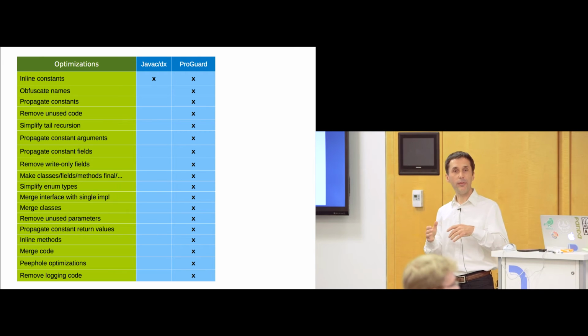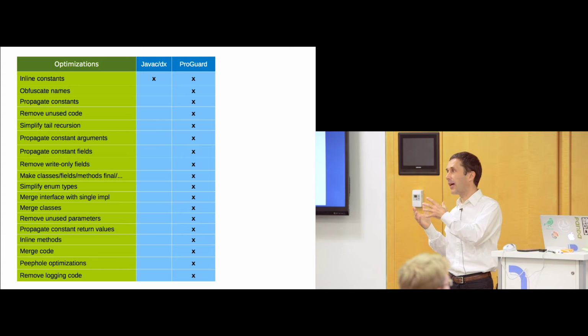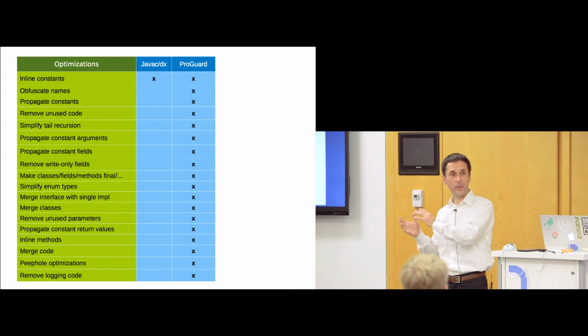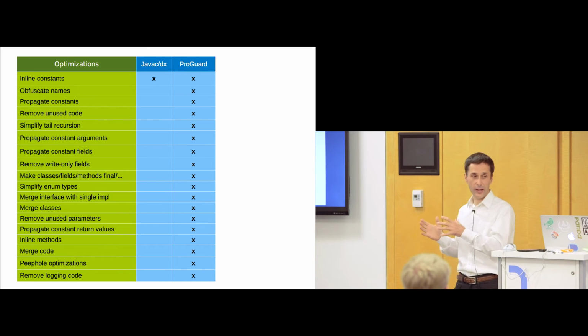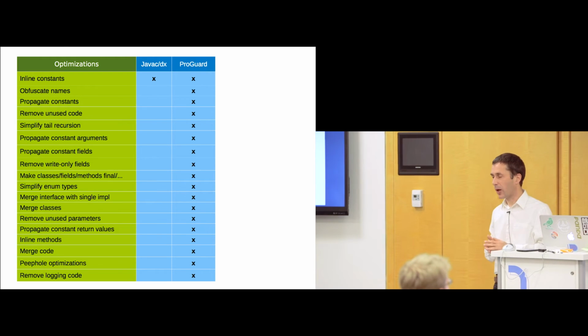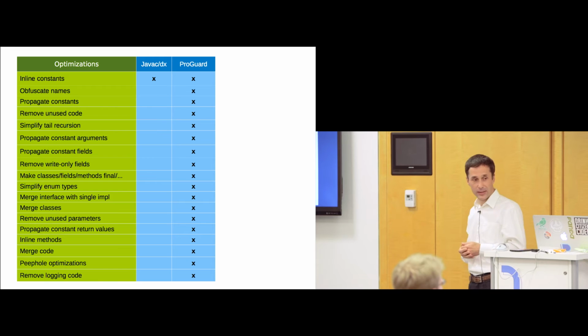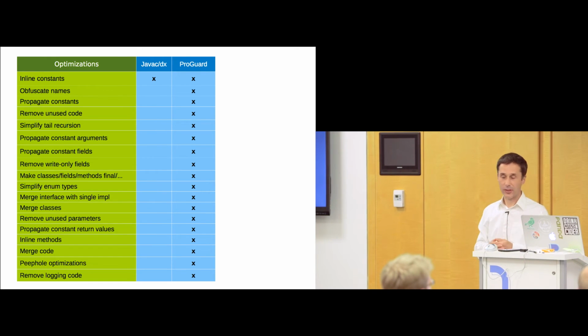So even if you have advanced virtual machines, even if you have the Android runtime, which does optimizations ahead of time, there is still room and an effect of the optimizations that you do ahead of time on the Dalvik bytecode. Say of up to 20% in my experience, and that's not negligible for a mobile phone.